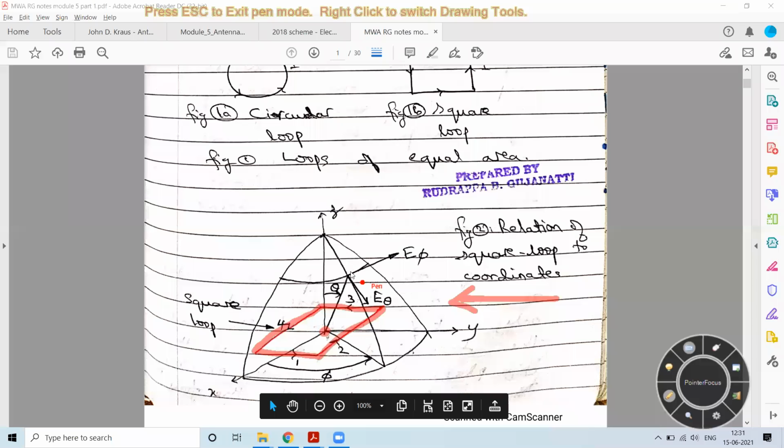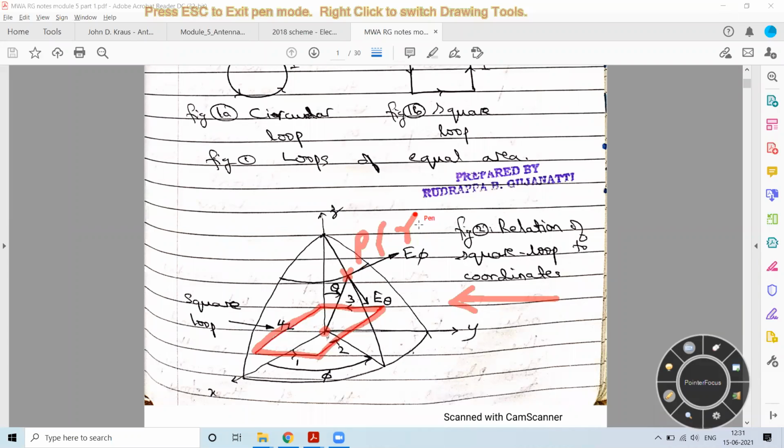Now at a distant point P, which has the coordinates r, theta, phi, we try to estimate what field parameters are present. What are the parameters associated with the electric field and what are the parameters associated with the magnetic field?